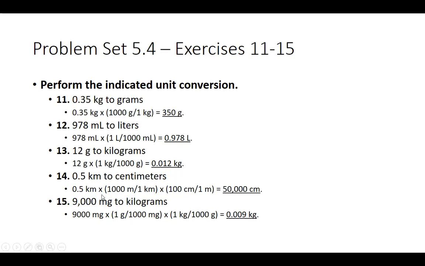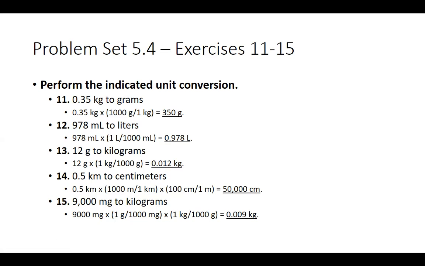So 0.5 times 1,000 divided by 1 times 100 divided by 1 gives us 50,000 centimeters. Here, since we're multiplying by 1,000 and then multiplying by 100, we could also move the decimal place 3 spaces to the right, followed by another 2 spaces to the right, for a total of 5 spaces to the right, and get 50,000 that way.